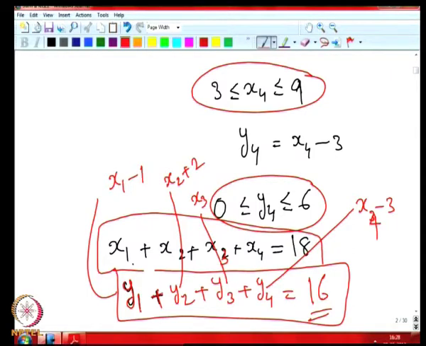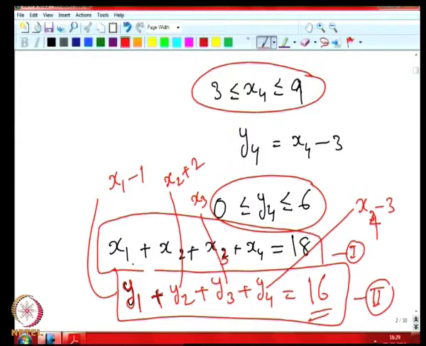Our claim is that the set of integral solutions of the second equation will have a bijection with the set of solutions of the first equation. That is easy to see. I won't go into it elaborately because I have to cover a lot of other things.